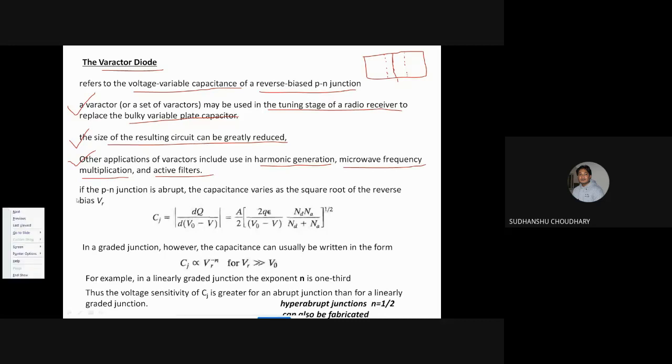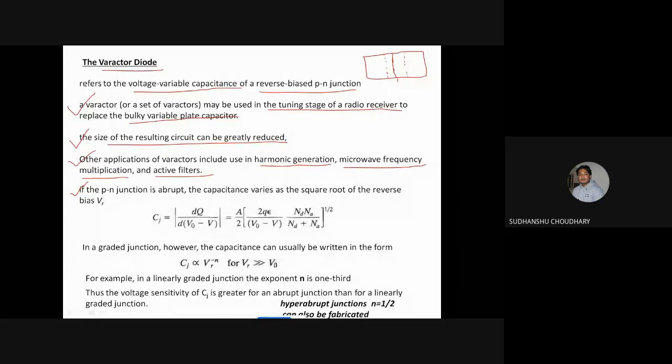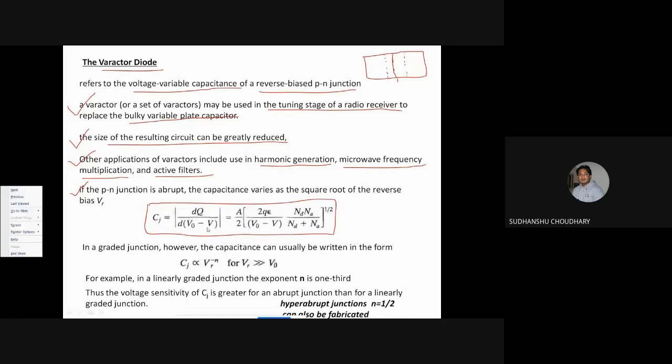Now for a PN junction, we have calculated the junction capacitance, or depletion capacitance, and we found that the junction capacitance can be related to the applied bias by this relation. This is for the abrupt junction.